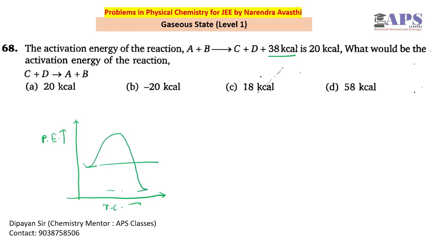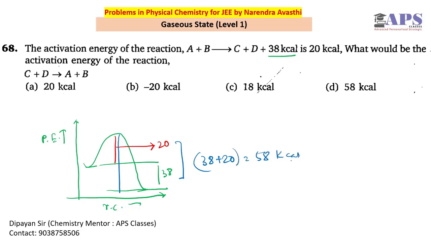Okay, so this energy gap is nothing but 38 kilocalorie, and this is our activation energy, that is 20 kilocalorie. So now for the backward reaction, the activation energy is this one. So this is nothing but the sum of these two, that is 38 plus 20, that is 58 kilocalorie. So option D will be the correct option.